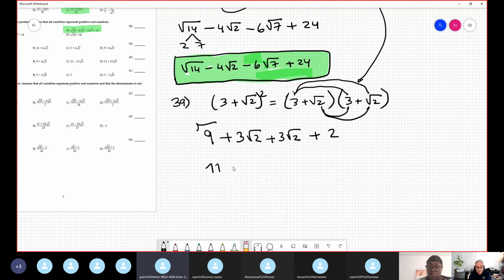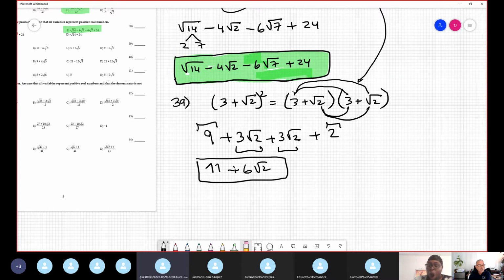Now, of course, this and this together, 3 plus 3 gets 6 radical 2. Boom. Final answer: 11 plus 6 radical 2. Easy or complicated?